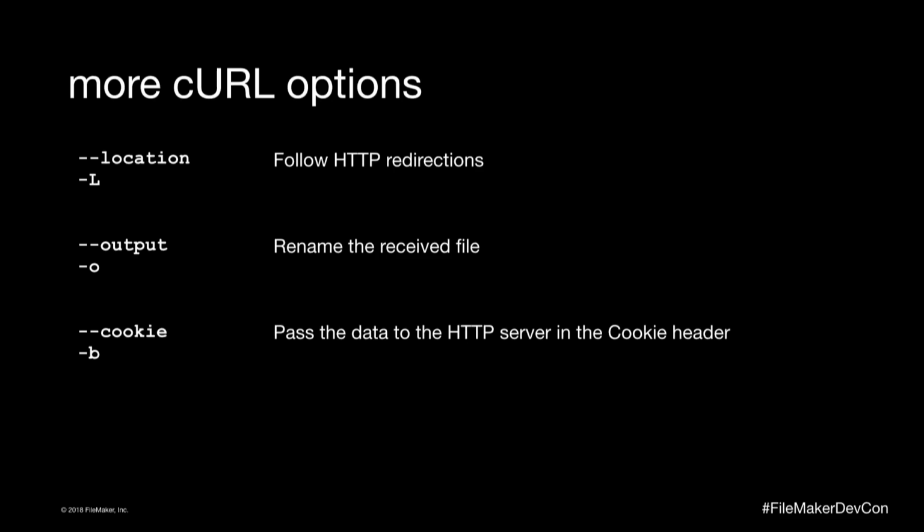Sometimes our request is bounced around between a few URLs until the last one does what we want. cURL, by default, doesn't follow this bounce around. So it will go to the first one, and it will just return a code that says, I'm going to be bounced around, and that's everything that we are receiving from that, which is correct, but it's not what we want. Adding that -L or --location will tell cURL, I want you to follow the bounce around.